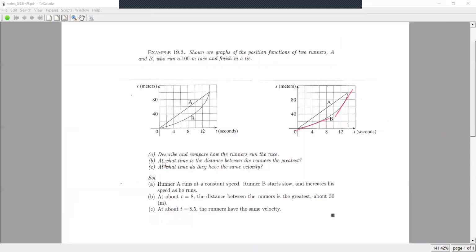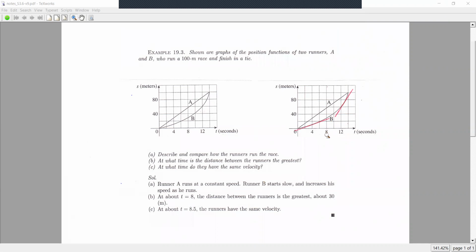Part B. At what time is the distance between the runners the greatest? At about time a, the distance between the runners is the greatest, about 30 meters. At a, the height of the graph for B is about 30.